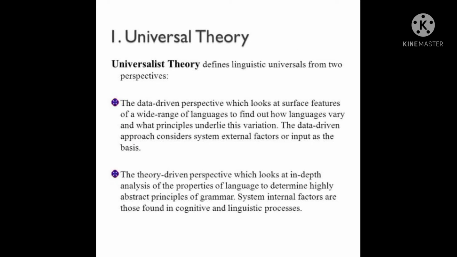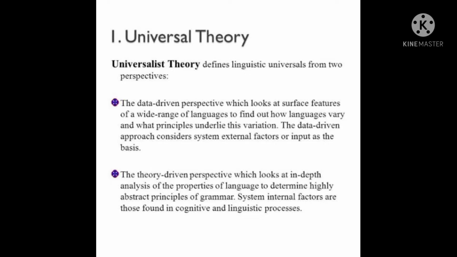Let's proceed to universal theory. Universalist theory defines linguistic universals from two perspectives. First, the data-driven perspective, which looks at surface features of a wide range of languages to find out how languages vary and what principles underlie this variation.